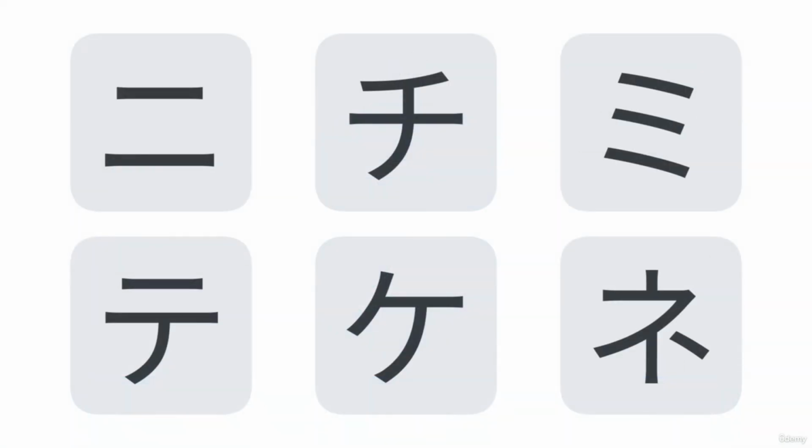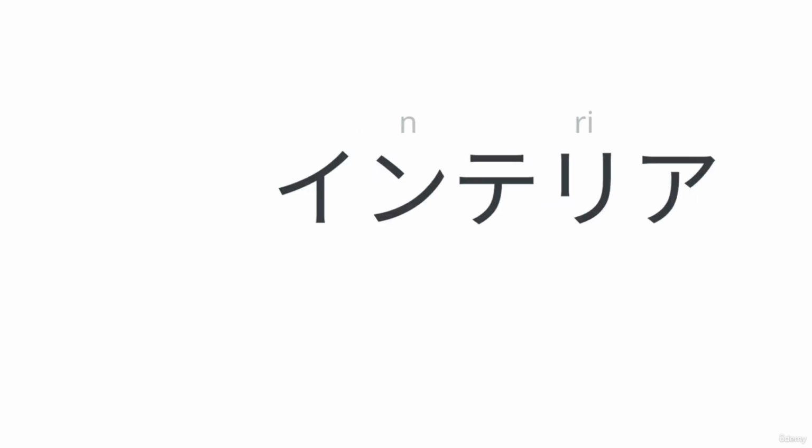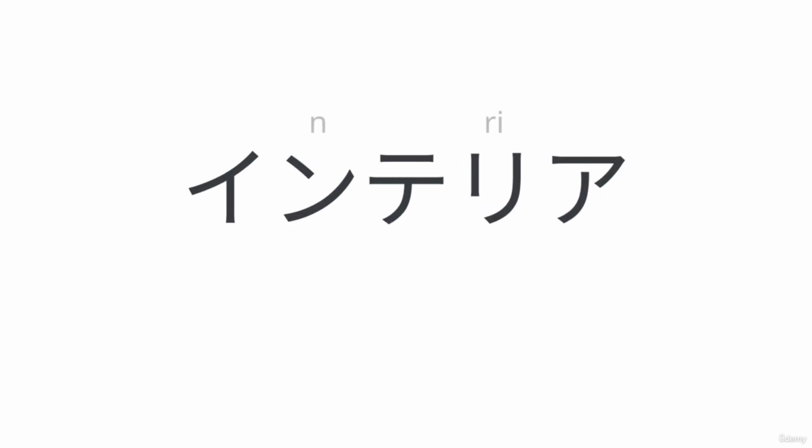Which of these characters is te? Te. Steak. Item. Interior.